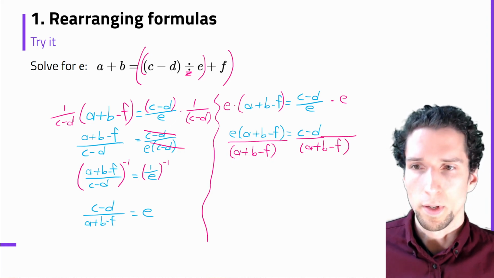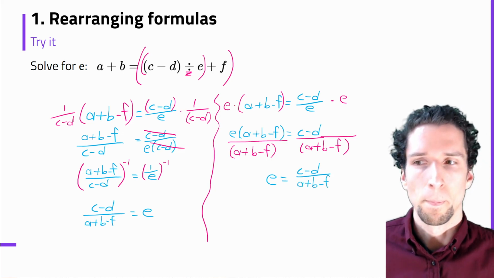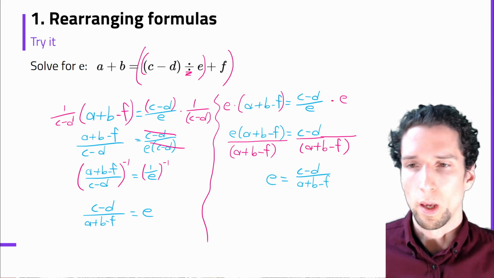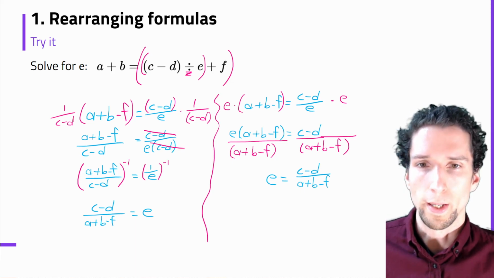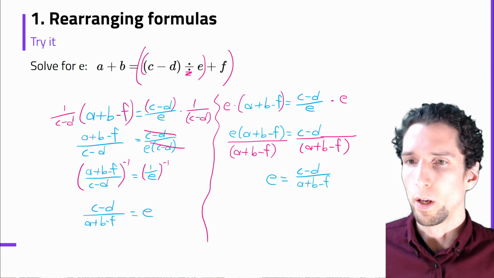And then that leaves us on the left side with just e, and then on the right side with c minus d over a plus b minus f. So same result that we had on the other side, just different ways of thinking about it. And there are more too, but hopefully that's enough to see what's happening here.